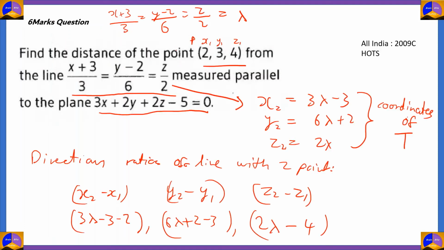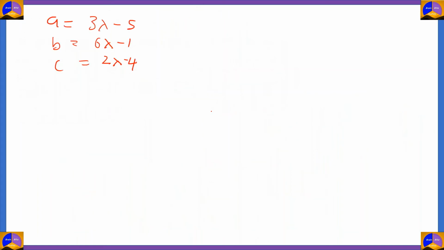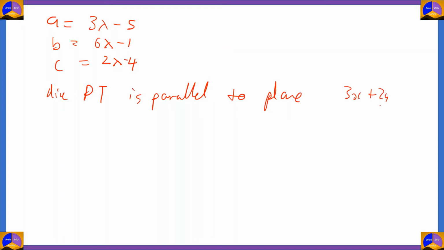Now, in the question, the line given is parallel to the plane 3x plus 2y plus 2z minus 5 equals 0. So our line PT is parallel to the plane 3x plus 2y plus 2z minus 5 equals 0.